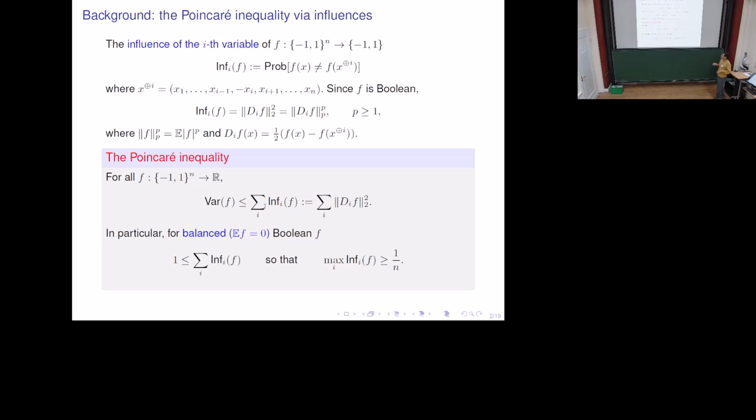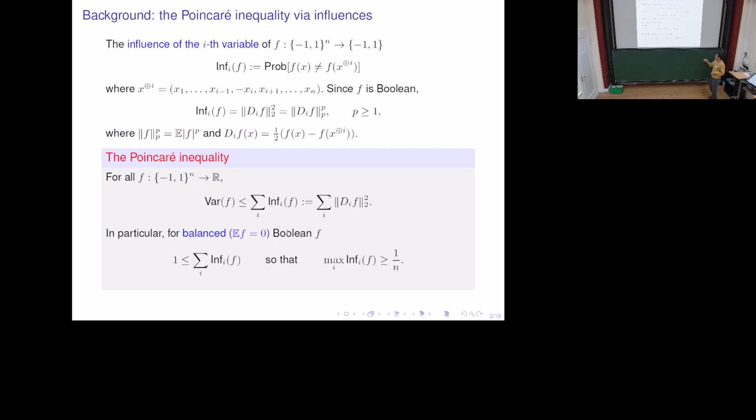If you look at the Boolean functions, then immediately you have the following consequence. What this Bakry inequality tells you is that the total influence of this function has a lower bound that is the variance. If you consider a Boolean function that is so-called balanced, balanced means you have half probability taking value plus 1, half probability taking value minus 1.